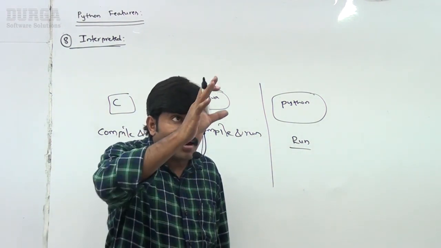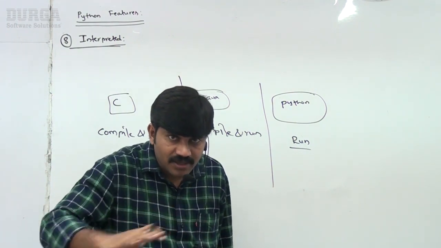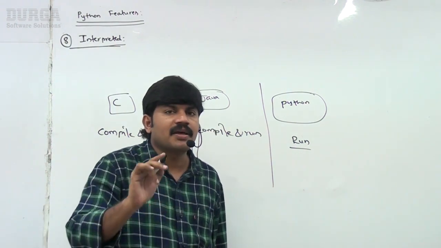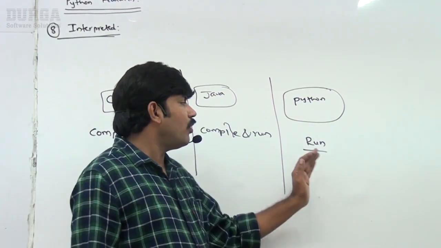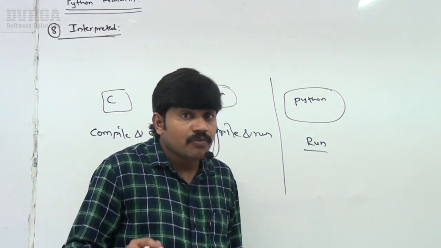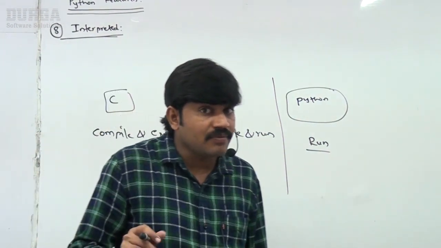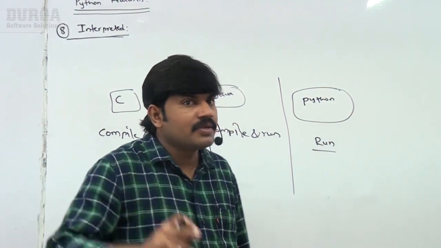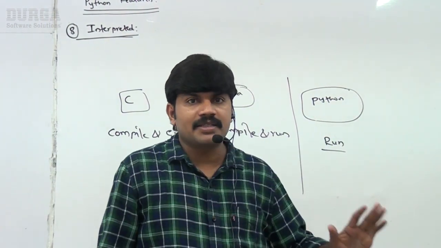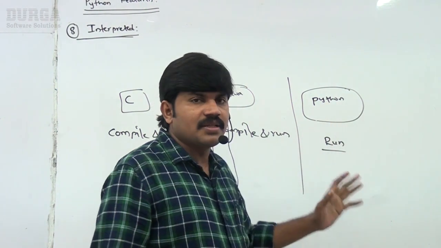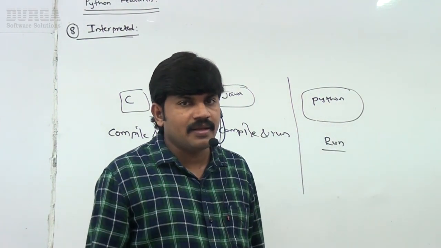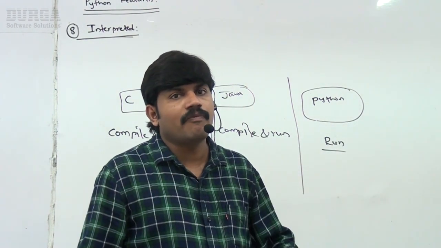But once all syntactical mistakes are cleared, only then the Python virtual machine starts its execution. So more flexibility to the programmer. We are not required to compile explicitly. Remember this one, sir. So it is interpreted, and the programmer will get more flexibility, right?